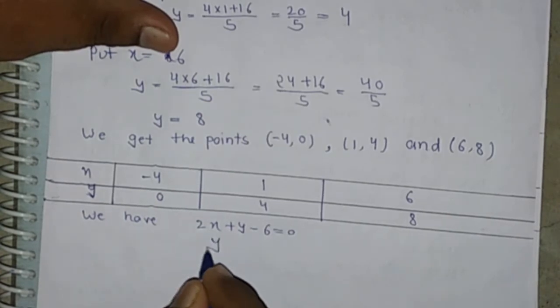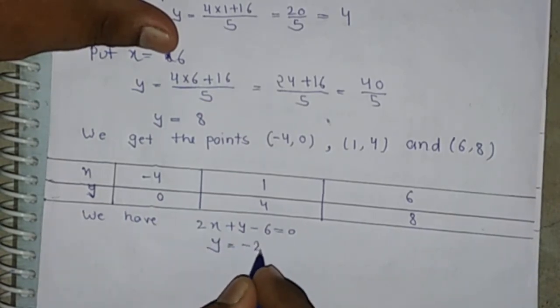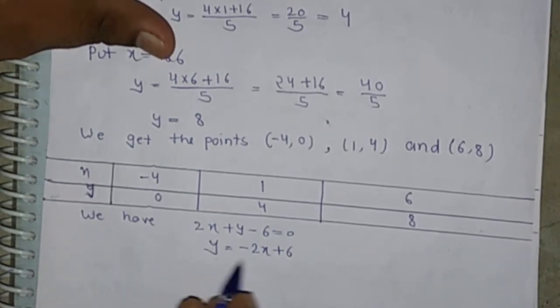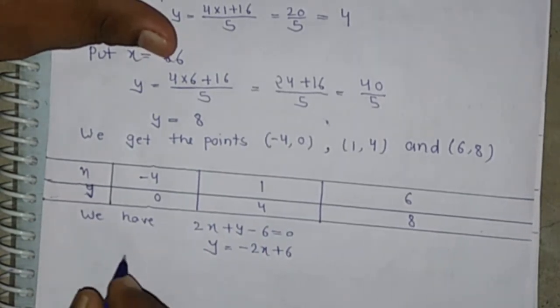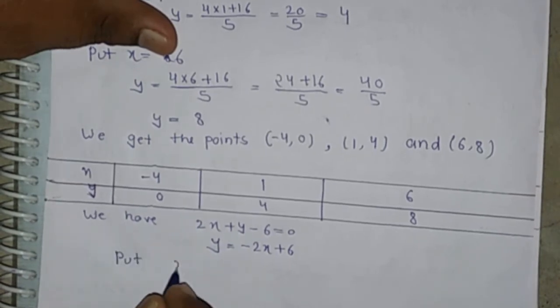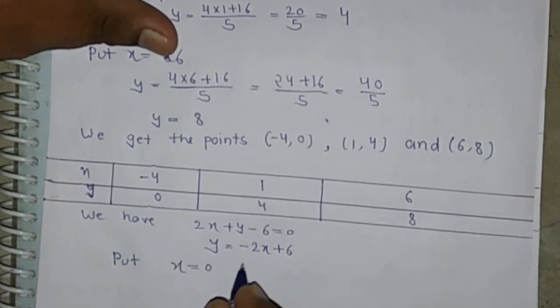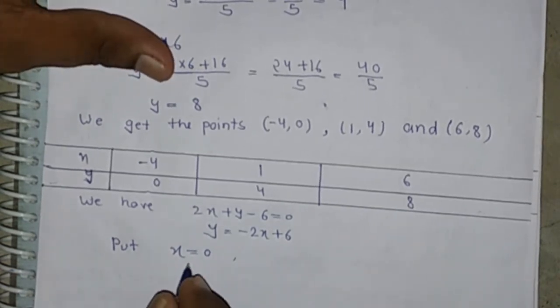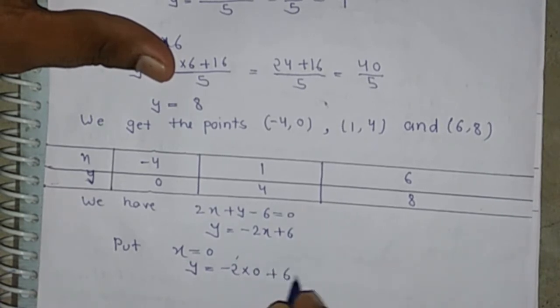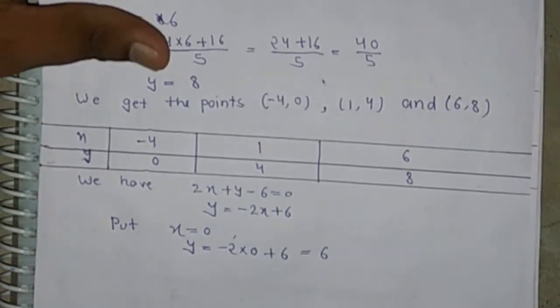Suppose we have y equals minus 2x plus 6. Now put x equal to 0. We have y equals minus 2 into 0 plus 6, then the value of y is 6.